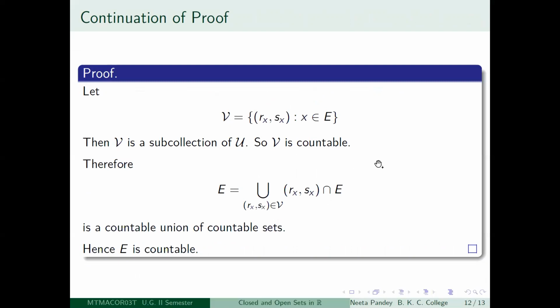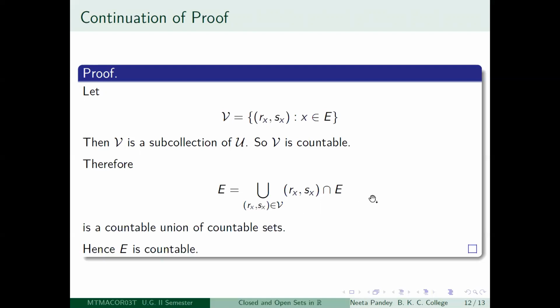Now we know that any subset of a countable set is countable. So V is also countable. Okay. Now what you can do is you can write E as the union of (r_x, s_x) intersection E, because this is just singleton x, where x belongs to E. So you can always write it like this, where your (r_x, s_x) belongs to this script V. So what does that mean?